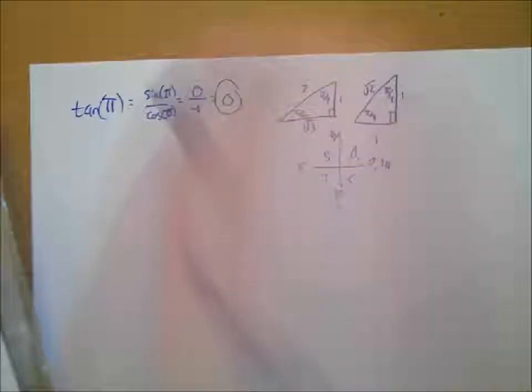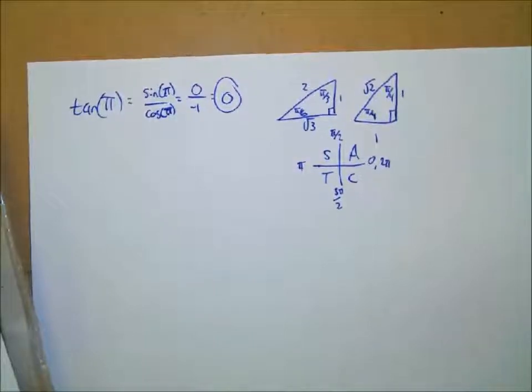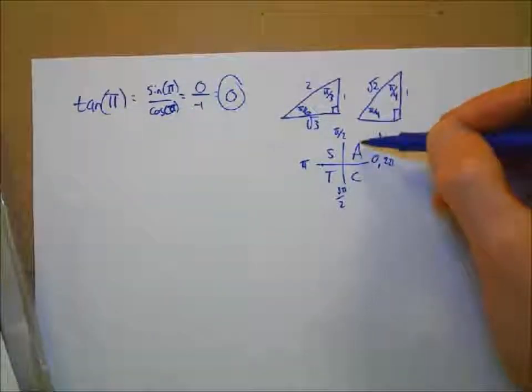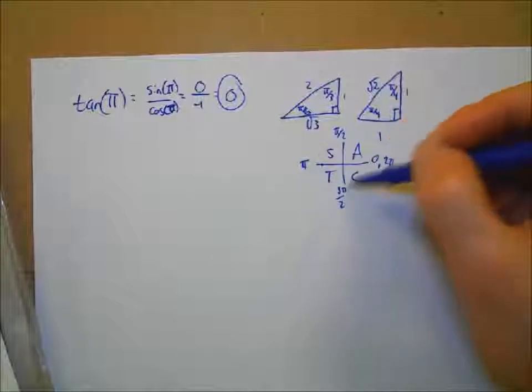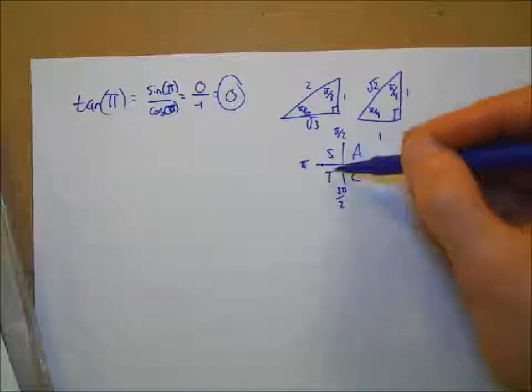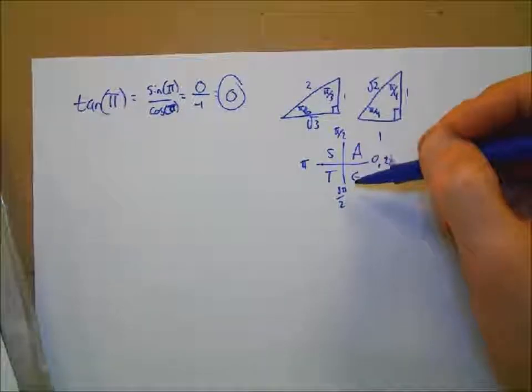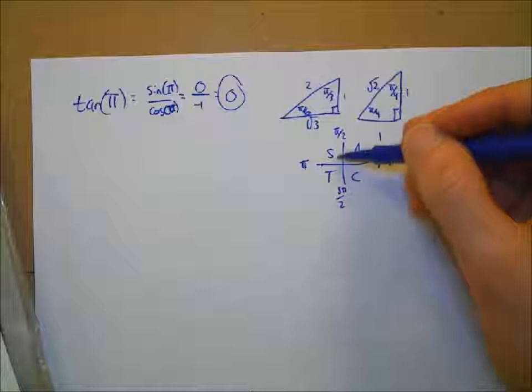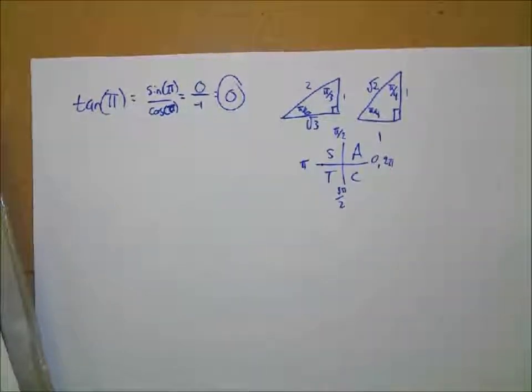So tangent of pi is 0, because of where it is. So the reference triangles and reference angles only help you if your angle is in a quadrant. If it's on an axis, like 0, 2 pi, pi over 2, pi or 3 pi over 2, you'll need to just use the fact that the coordinates here are (1, 0), (0, 1), (-1, 0), and (0, -1), and then go from there with sine, cosine, or tangent. It's not too bad.